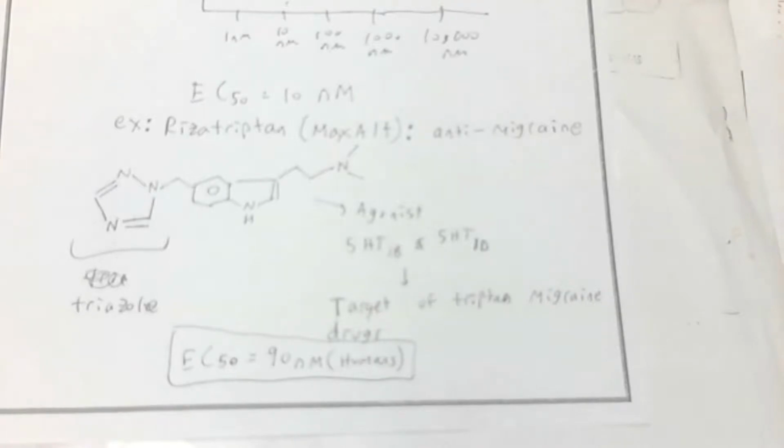Okay, so let's go next to ED50, which is the effective dose. And we'll continue this example of rizatriptan. So back to rizatriptan.